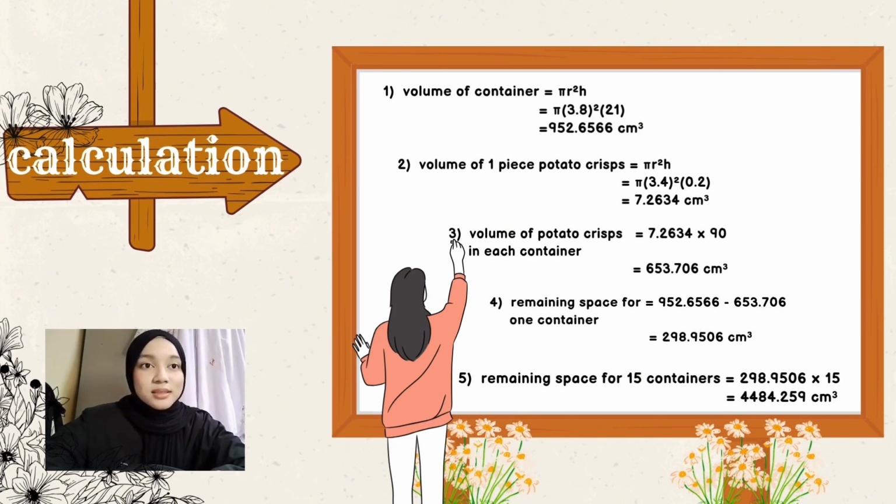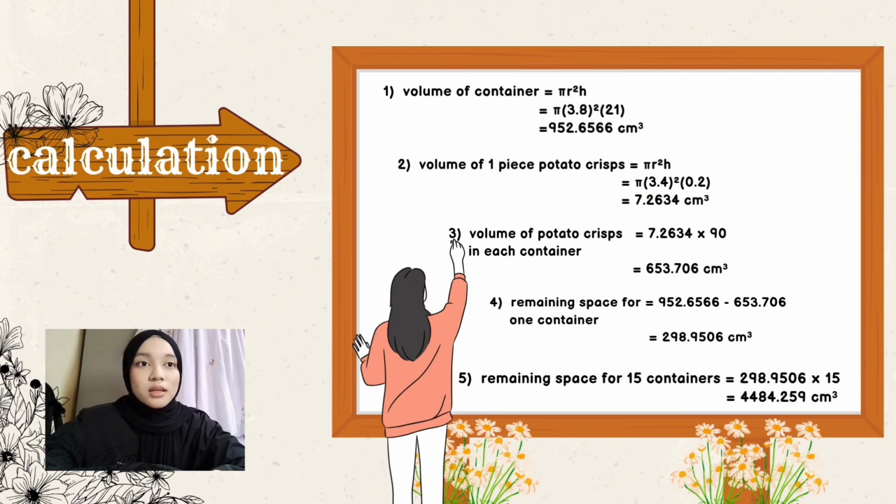The third step is to find the volume of potato crisps in each container. So we need to multiply 7.2634 by 90 and we will get 653.706 cm³.